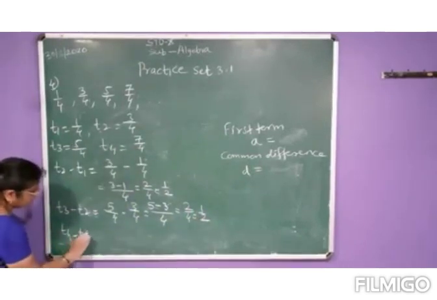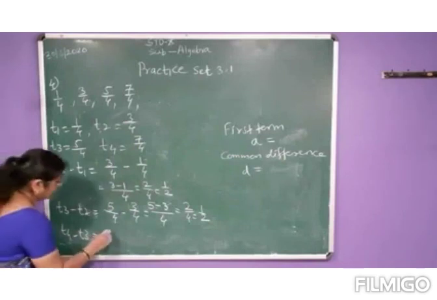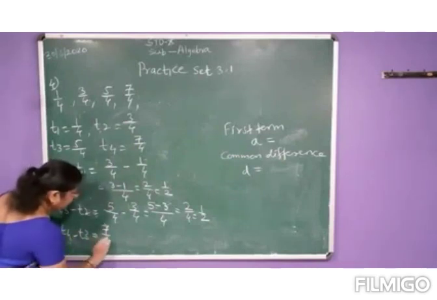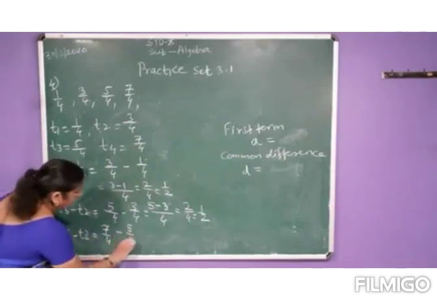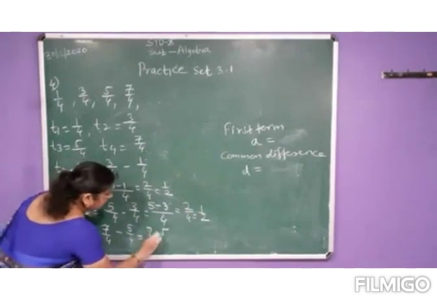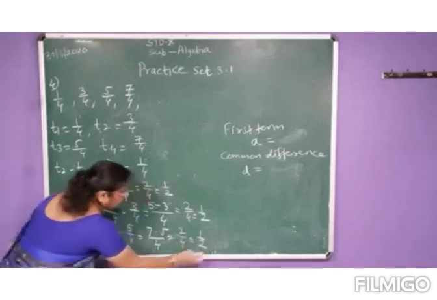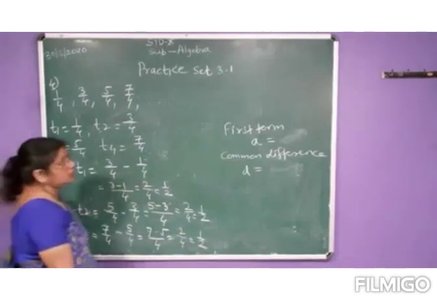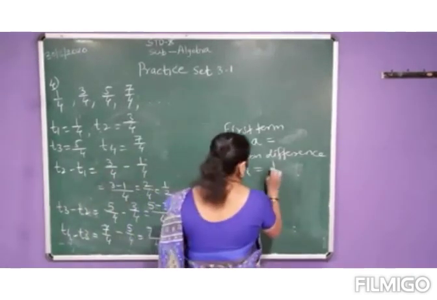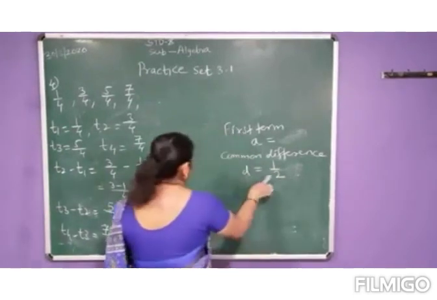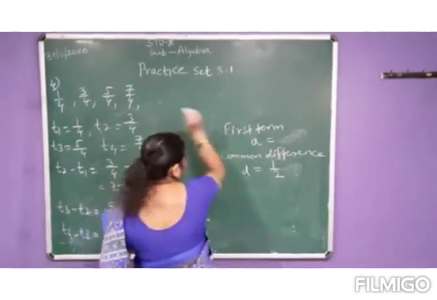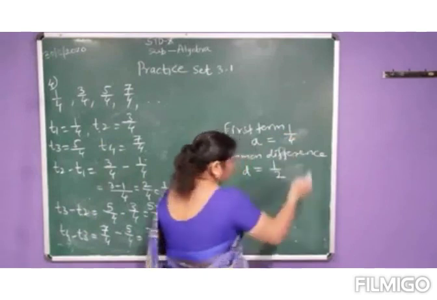T4 minus T3, 7 upon 4 minus 5 upon 4, 7 minus 5, 2 upon 4, 1 upon 2. So here also the common difference between the terms is half, that is D is equal to half. And the first term A is equal to 1 upon 4.